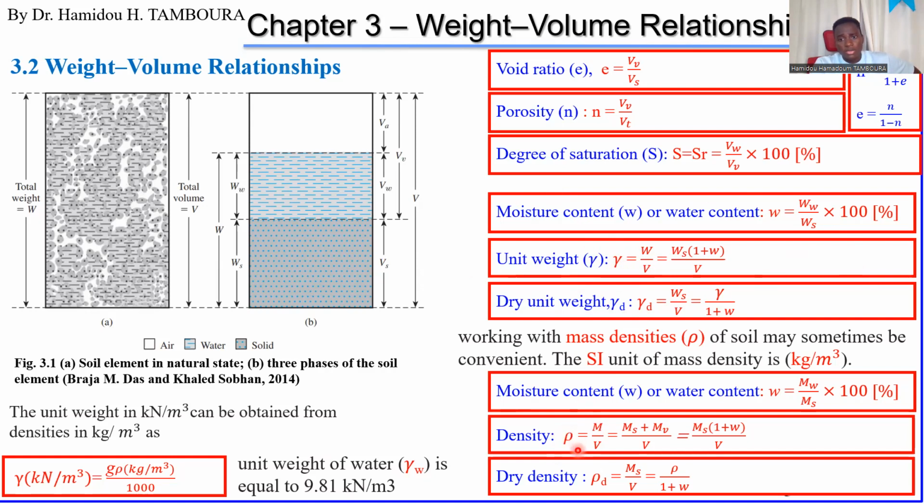It's the same, no problem, because they are just ratios. Remember this: these three as relationships using the volume of the soil, and these three as relationships using the weight of soil. This is all I want for now. Okay, let's continue.